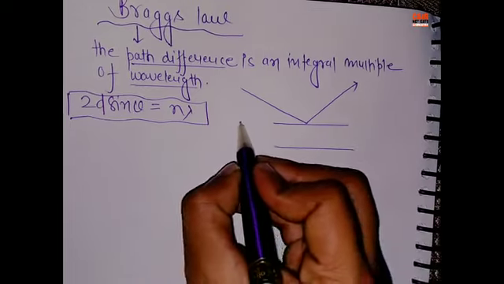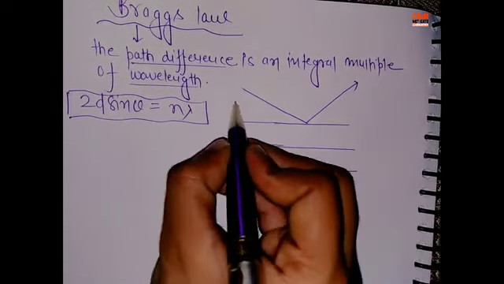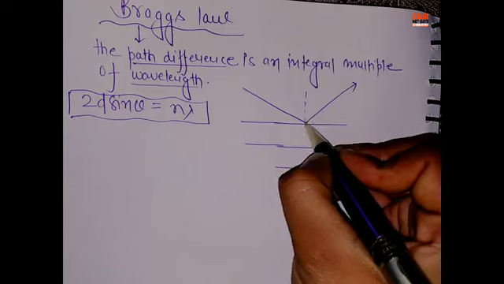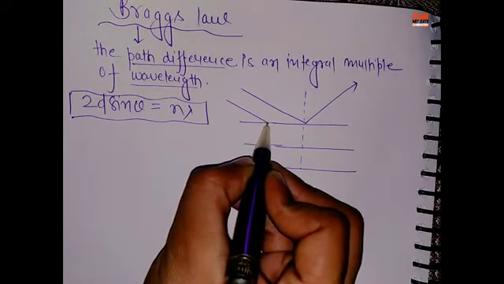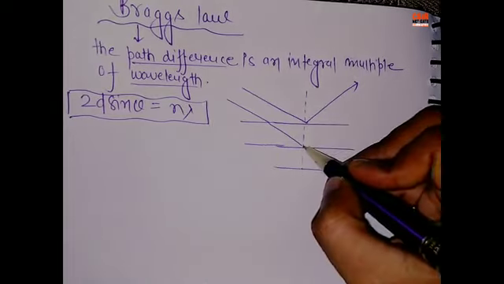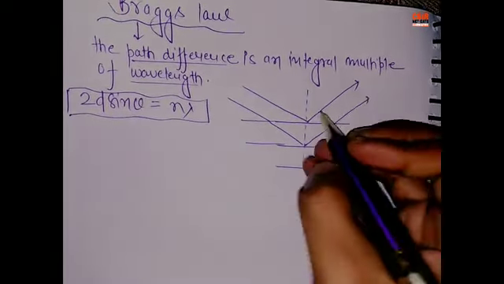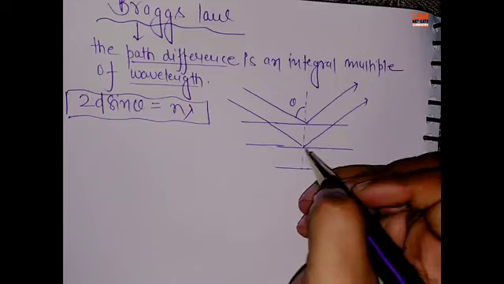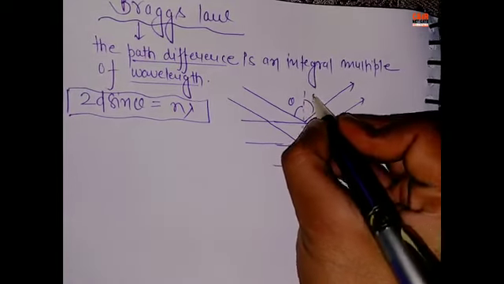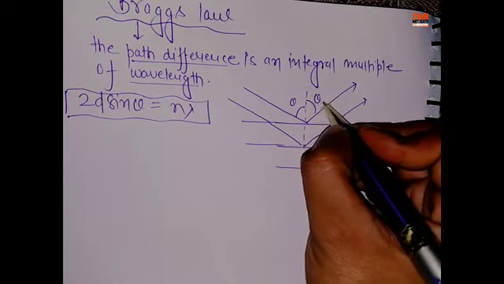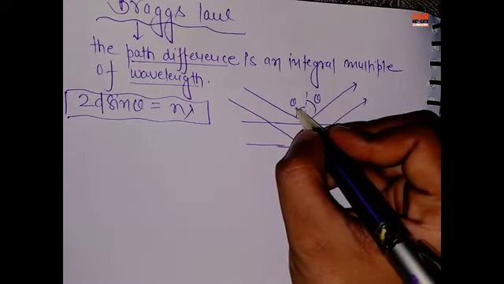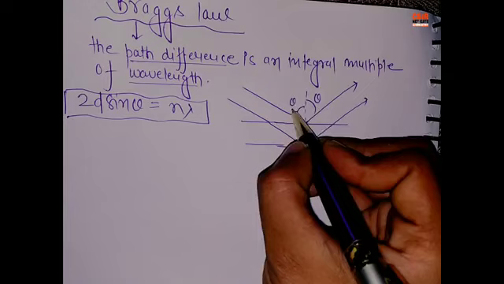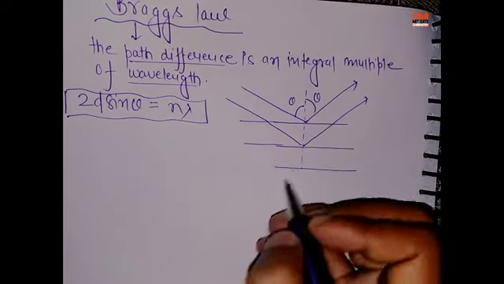Let's say I take another ray, and I pass a normal, and it will again be reflected. So this is theta, the angle of incidence, and this is theta, the angle of reflection. These two angles are equal.